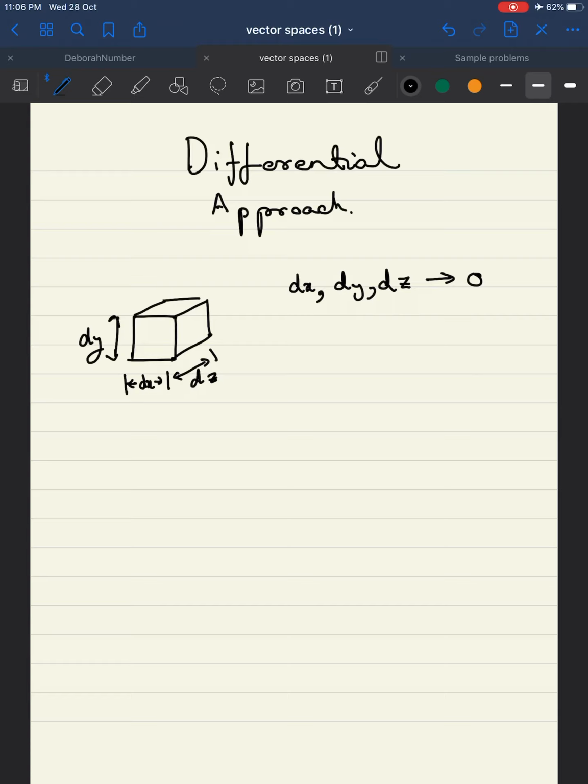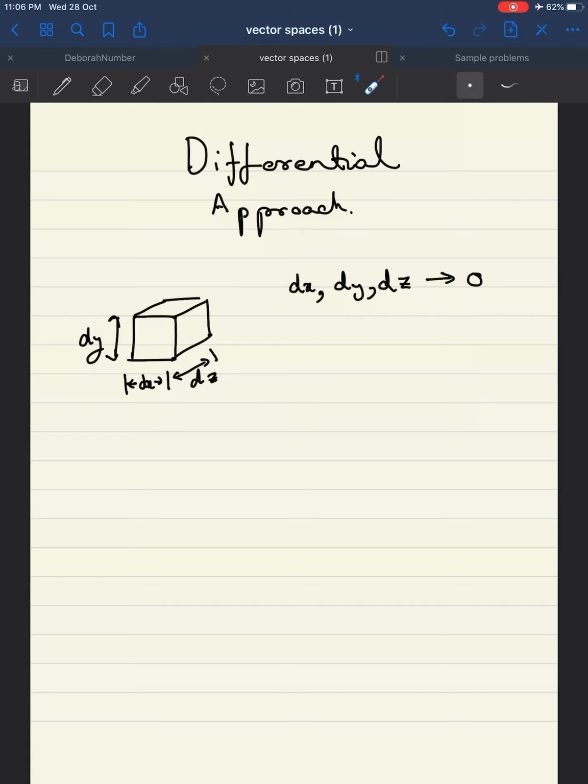If you have a finite control volume, you end up with integral equations. But when you look at differential control volumes, what do you expect to get? You expect to get a partial differential equation governing that system.